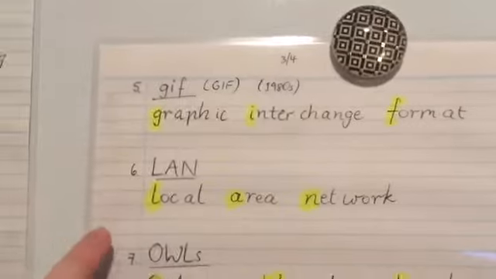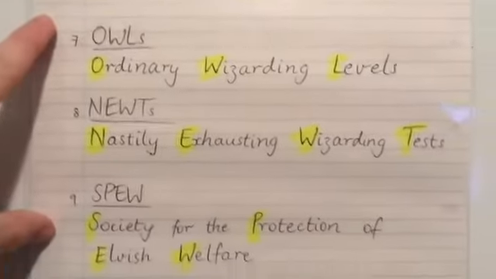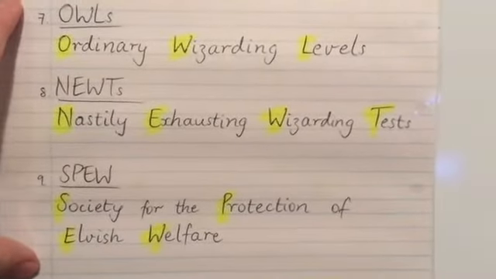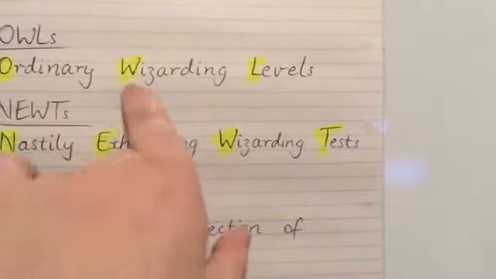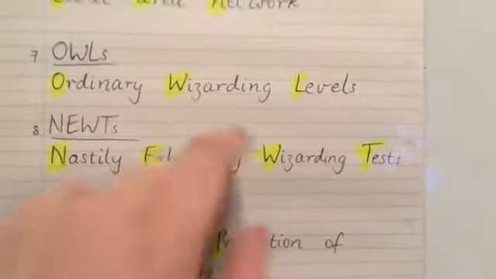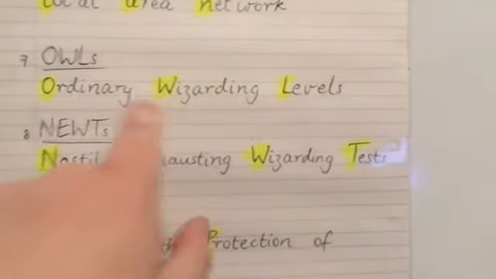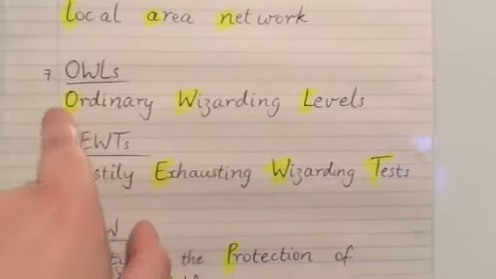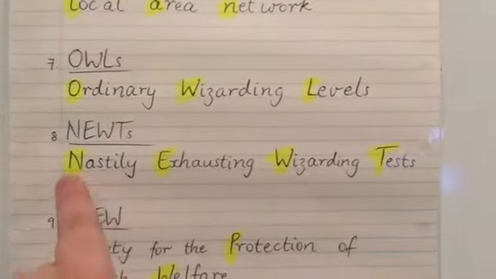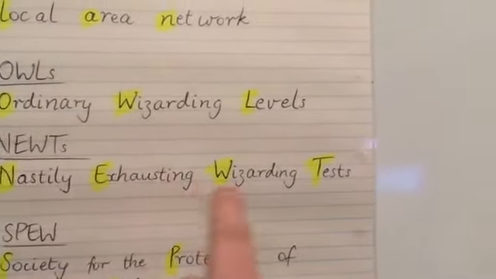Okay, now, these three are Harry Potter related acronyms. So firstly, we have OWLS, Ordinary Wizarding Levels. Both the O and the W are contributing to our vowel spelling at the beginning there, OW. Then we have NEWTs, Nastily Exhausting Wizarding Tests.